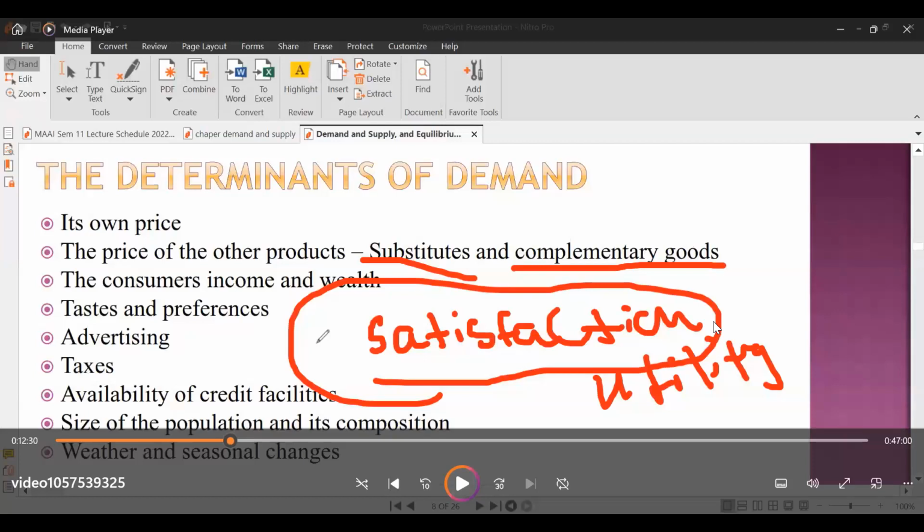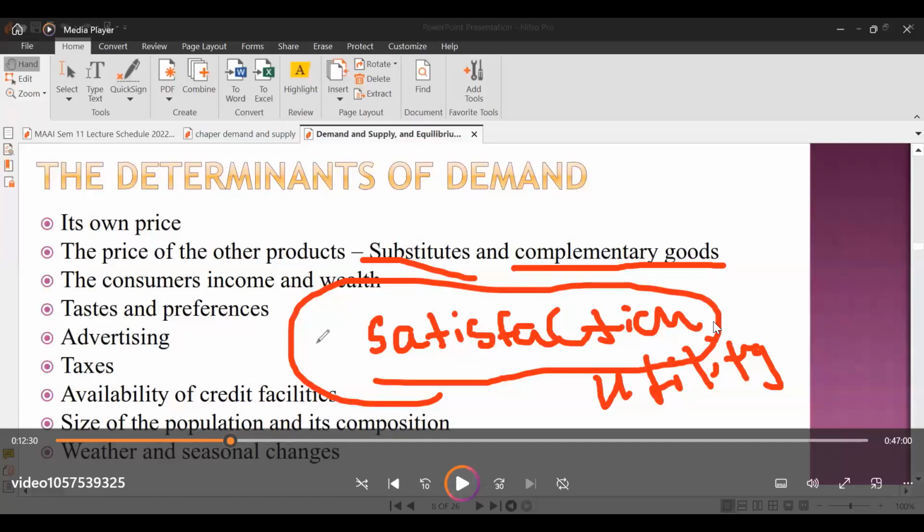So substitute commodities or substitute goods will satisfy a similar utility. Utility means satisfaction. The economic word for satisfaction is utility. So substitute goods will fulfill similar utility, that is, give similar satisfaction.